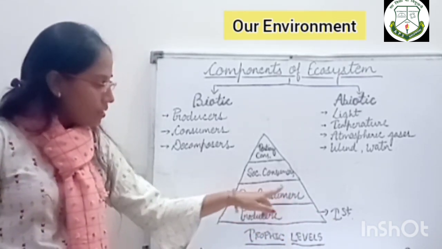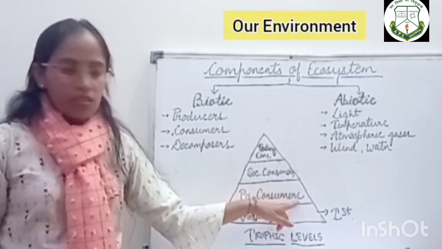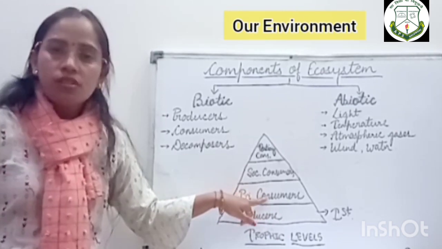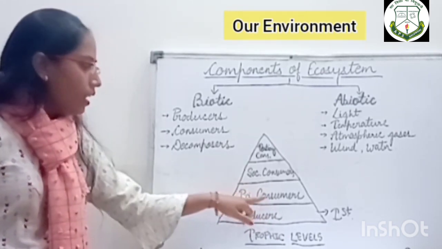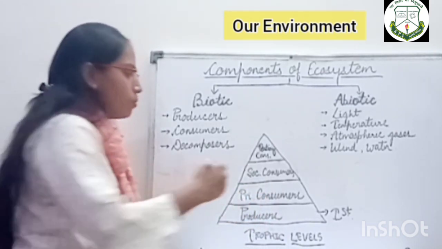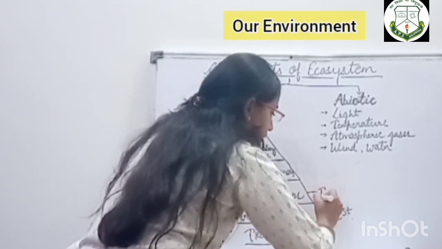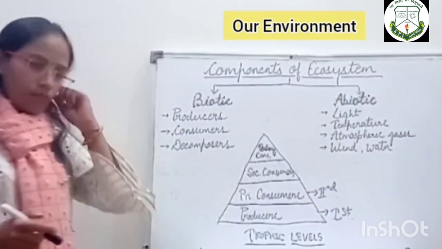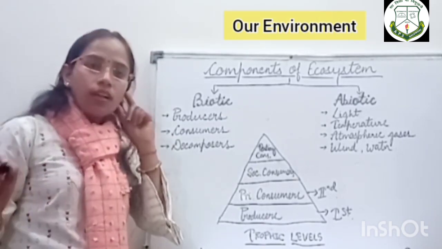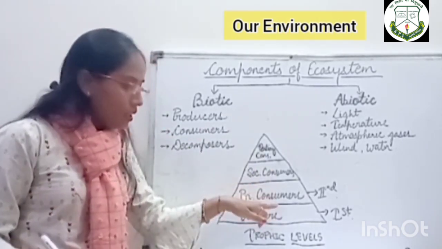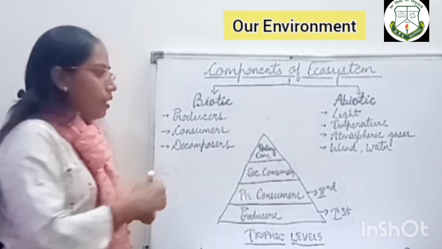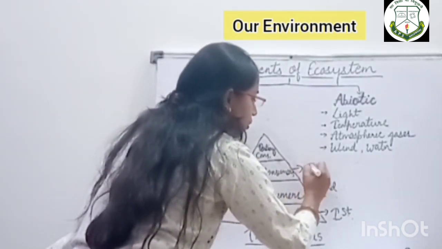After the producers, there are primary consumers which feed on these producers. Generally, the herbivores come under this category, and the category of primary consumer is known as the second trophic level. Now, there are small carnivores which feed upon the primary consumers. They are categorized in the third trophic level.